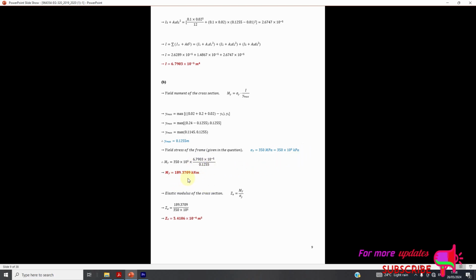So My is equal to 189 kilonewton meters. Now the elastic modulus of the cross section, Ze, is equal to My over stress Y, which is 189 over 350 times 10 to the power 3, which equals 5.4106 multiplied by 10 to the power negative 4 meters cubed.